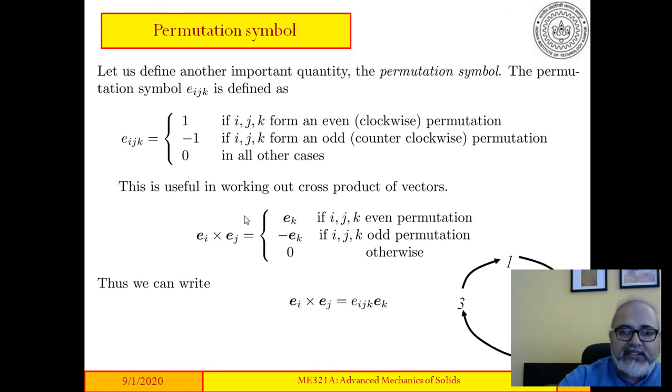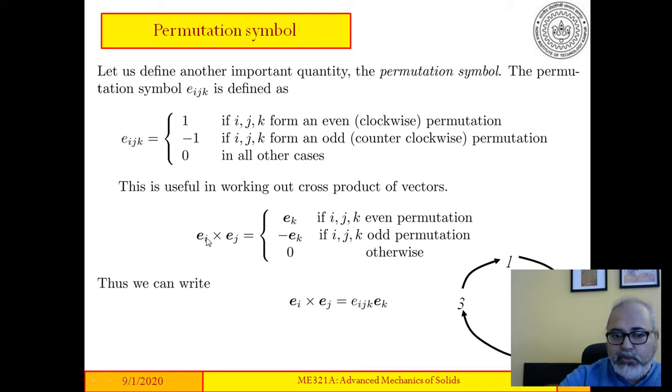Now, this is useful in working out the cross product of the base vectors. If I take any two base vectors, ei and ej, I get either ek or minus ek or 0. When do I get 0? Obviously, if I take e1 cross e1, I will get 0. If I take e1 cross e2 in a right-handed system, I will get e3.